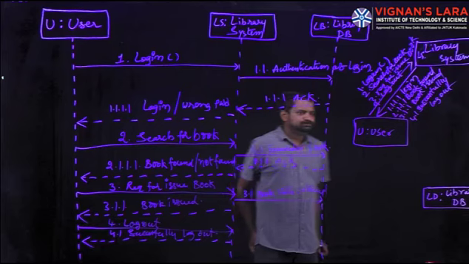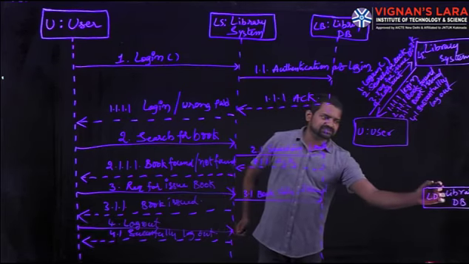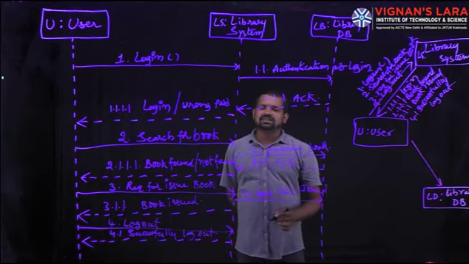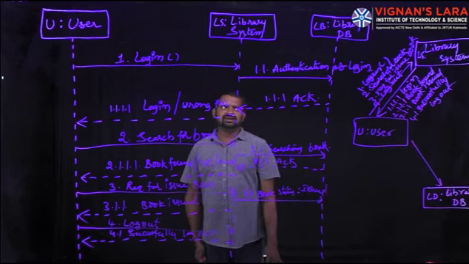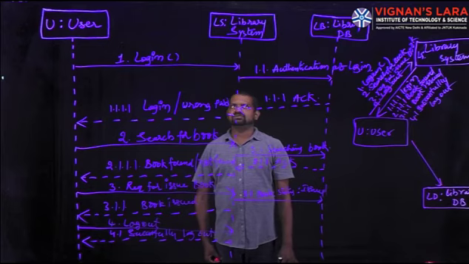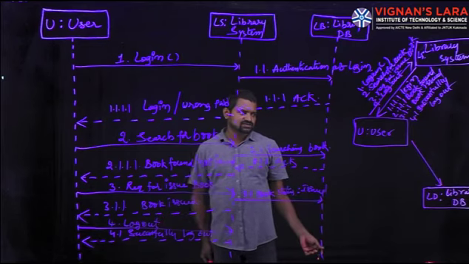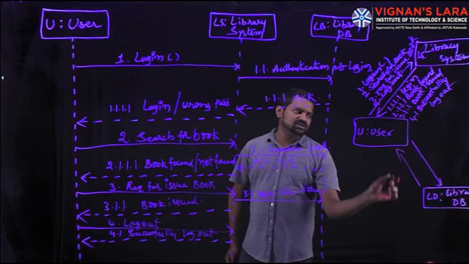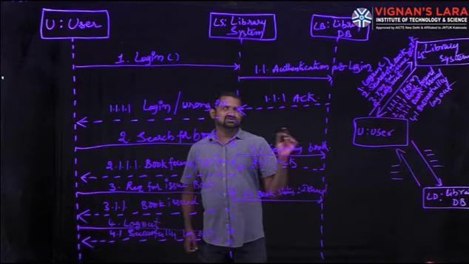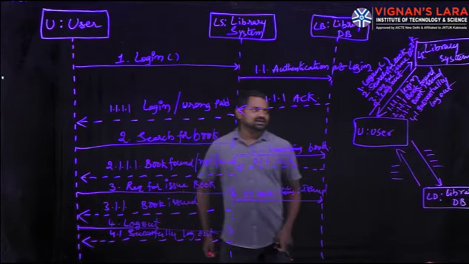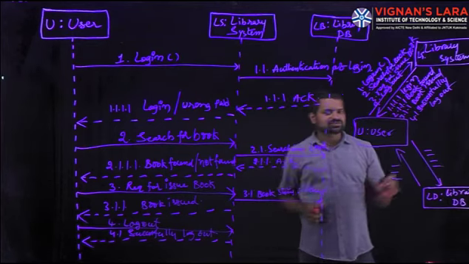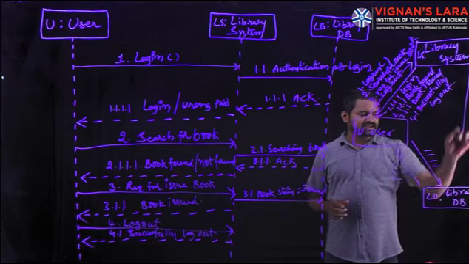Okay, and next, user to library database. You write all the requests from user to library system to library database. From user to library database, there are no requests and no responses. From library system to library database, how many requests are there?